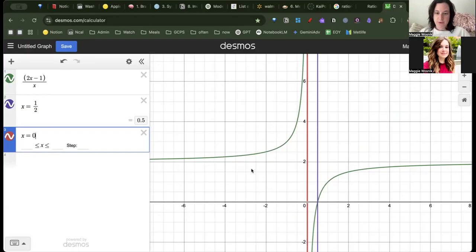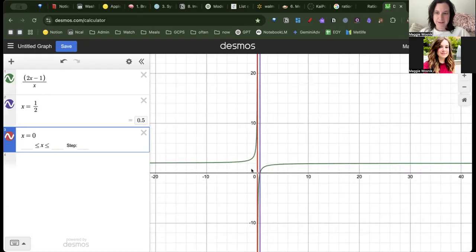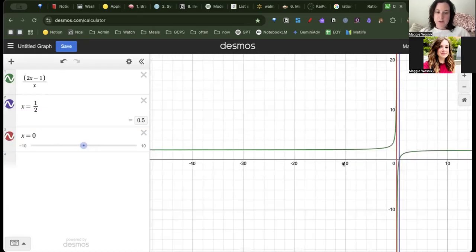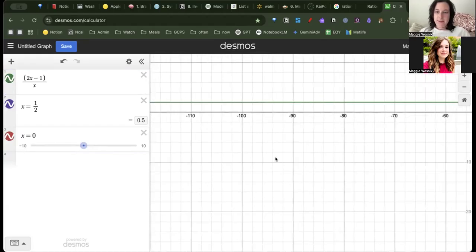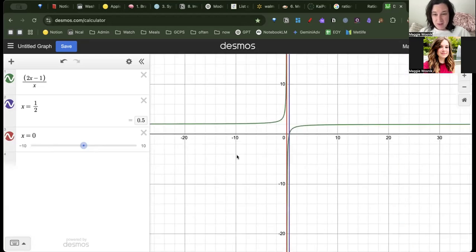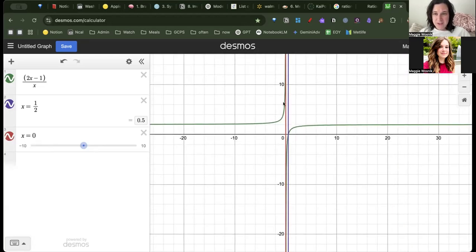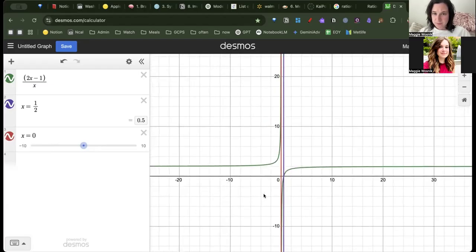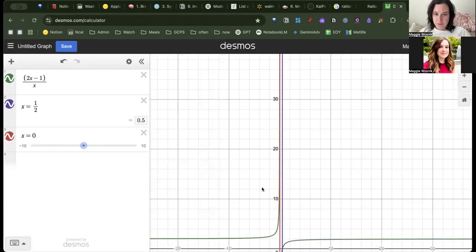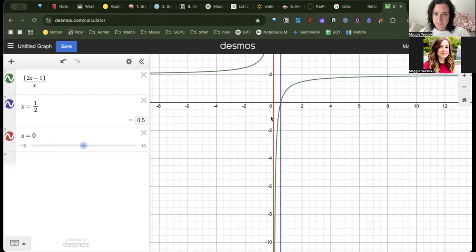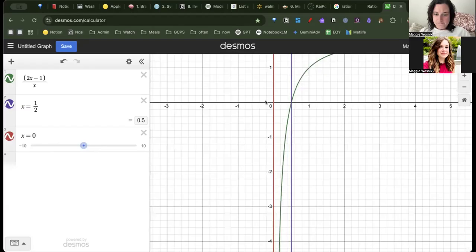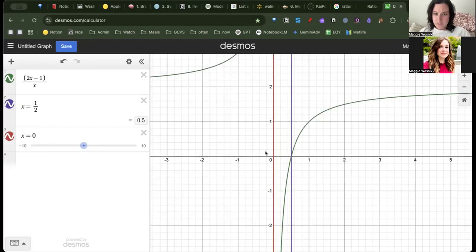Domain is our last question. Domain is everything that x is. Does it go on forever in terms of negative infinity? Sure does. So I've got negative infinity until 0 exclusive. Wait, is it 0?